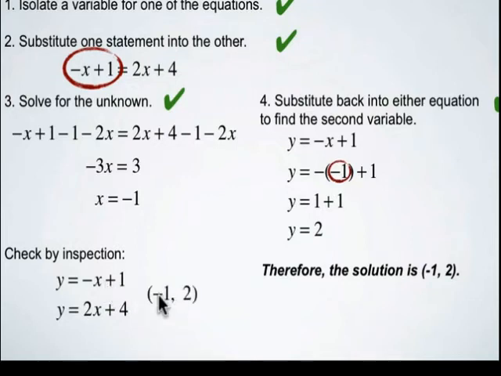So our negative 1 is x and 2 is y. So if we sub in negative 1 for x, it's negative 1 times negative 1 is 1 plus 1 is 2. 2 times negative 1 is negative 2. Negative 2 plus 4 is positive 2. So we know we've got them both right.